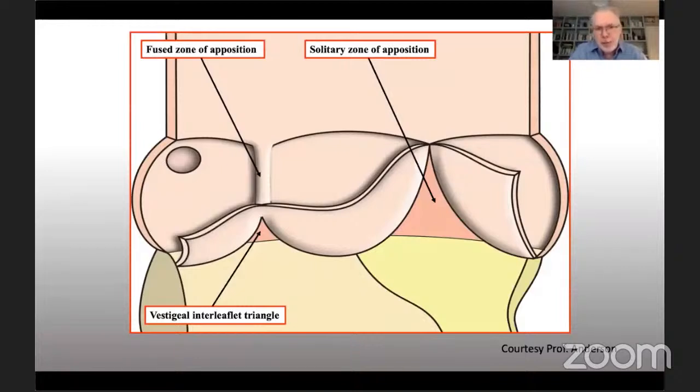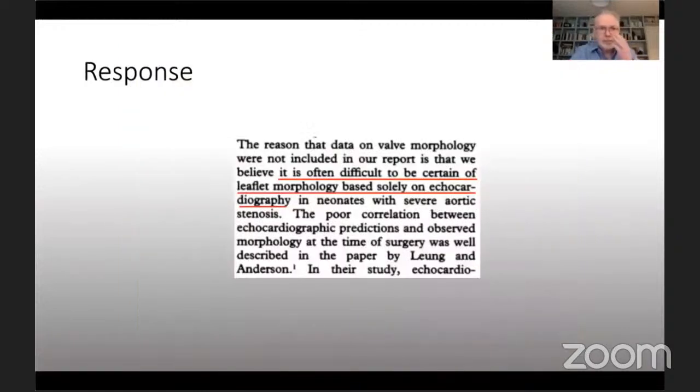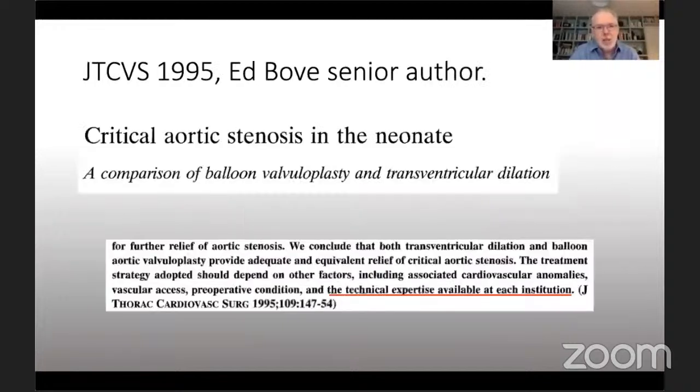And you might imagine it difficult for a balloon to successfully free the fused zone of apposition without tearing the leaflets themselves. It's also interesting the response from Bullock and colleagues. It is often difficult to be certain of leaflet morphology based solely on echocardiography in neonates with severe aortic stenosis.